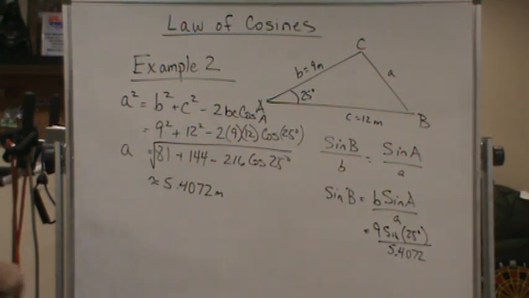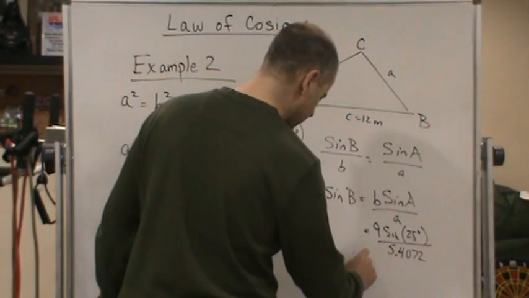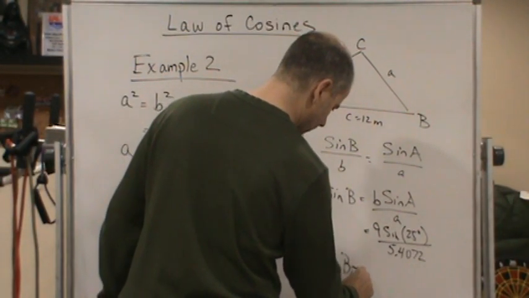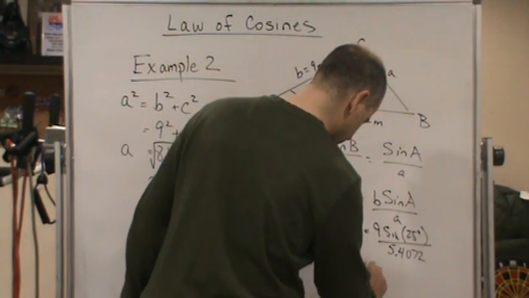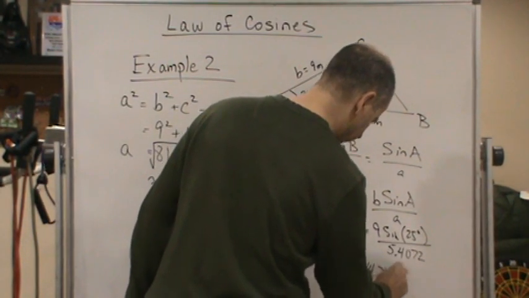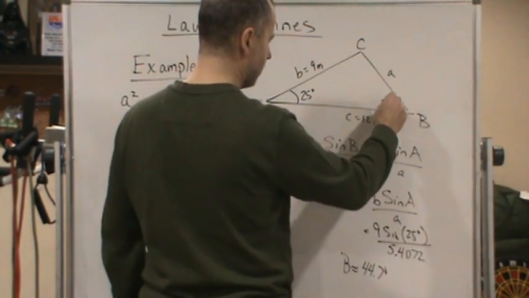And if we take the inverse sine of both sides, we get B is approximately equal to 44.7 degrees. Okay, so 44.7 degrees.